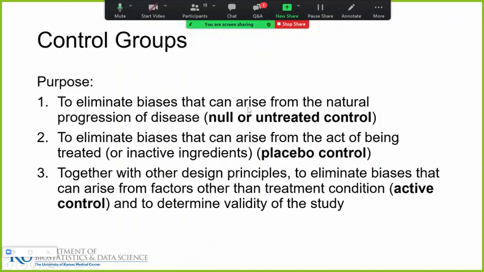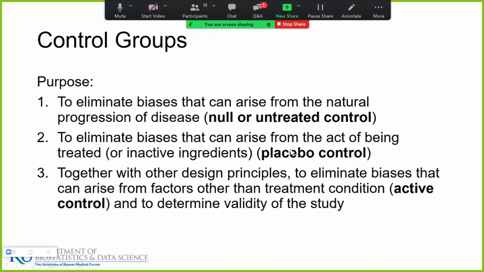And if we don't have a null or untreated control, then we are not able to observe that natural progression of disease, and we might attribute that change in disease state to the treatment, when in fact it's really just the disease resolving on its own or getting worse on its own.